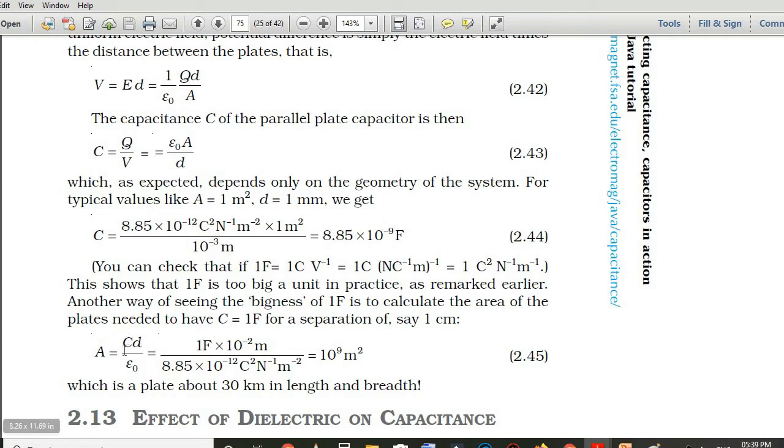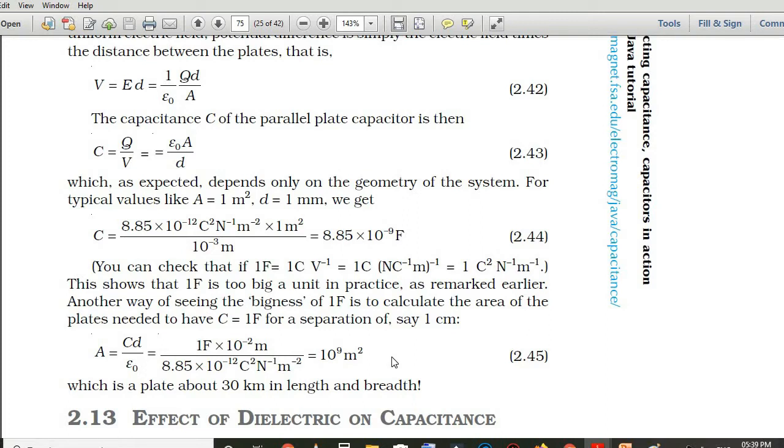Substitute the values. C is capacitance, that is 1 farad. D is the separation, that is 10 raised to minus 2. Epsilon 0 is 8.85 into 10 raised to minus 12. What value did we get? 10 raised to 9 meter square. 10 raised to 9 meter square is a very large value.